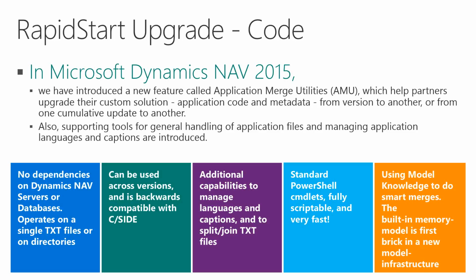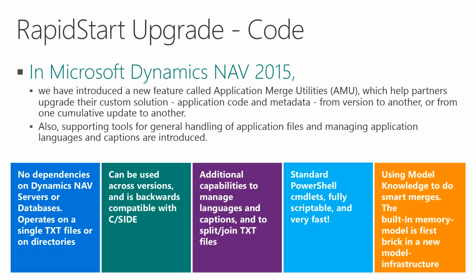Then you can take your prior version, say NAV 2013 R2, and compare that to NAV 2013 R2 with the enhancements you've made to the code. You run this, and it creates a delta set of the code changes between 2013 R2 and your current 2013 R2 with your extended application code.